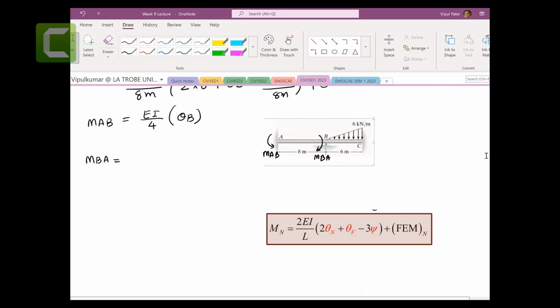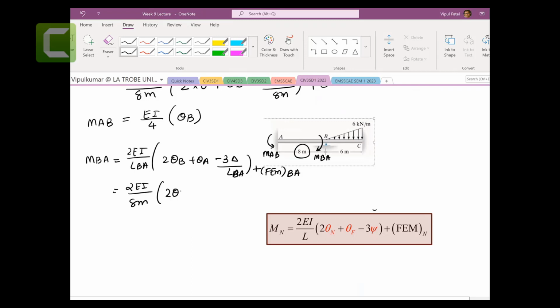Let me write MBA equals 2EI on LBA times 2 theta B, since theta B is your near node, plus far node theta A, minus 3 delta on LBA, plus the fixed end moment of BA. So 2EI, length is 8 meters for BA. Theta B we need to find.